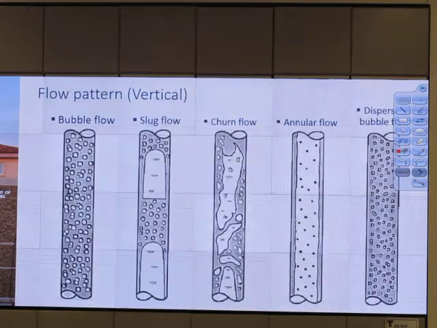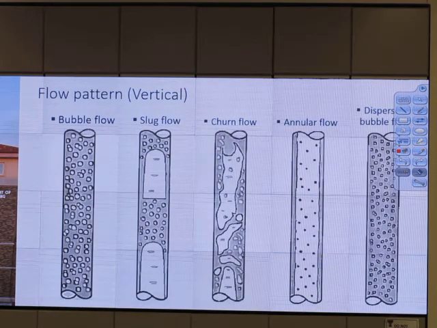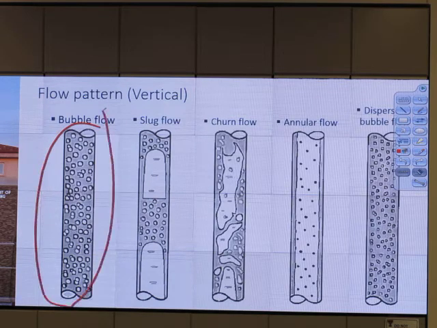All right. Vertical flow. We have bubble flow. Bubble flow is not the same as dispersed bubble flow. Bubble flow looks like that. Dispersed bubble flow looks like that.